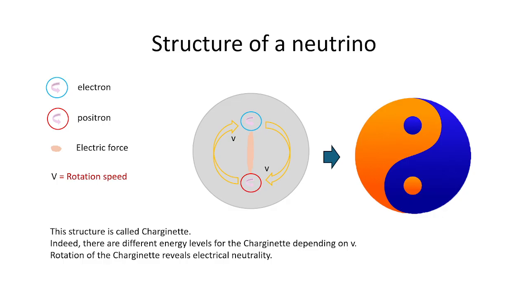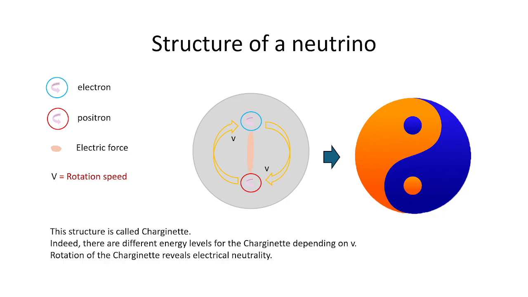This structure is called charginate, because neutrino is defined in the standard model, but in this non-standard model it has a different definition. This structure is called charginate.